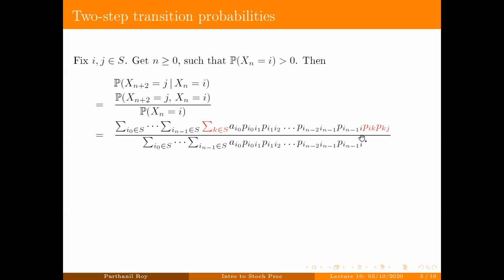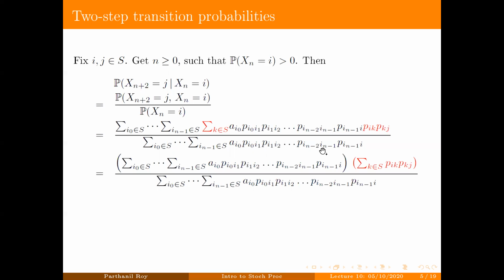Now note that just like in the proof of MC implies MP, this part has nothing to do with these terms here. So in other words, all of these can come out of this sum here, and this can go here. So that will give us this equality over here.